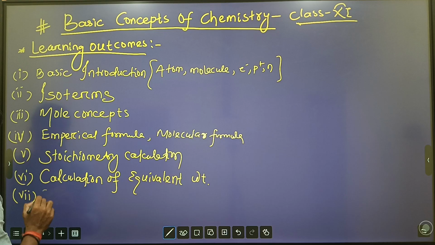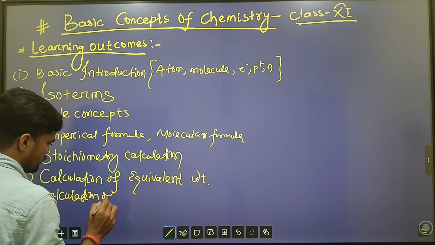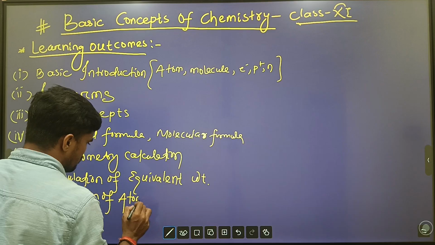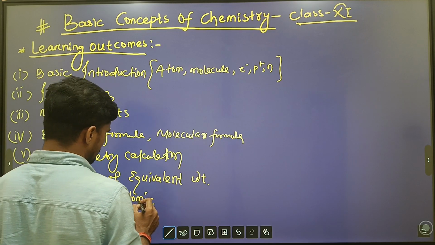And after that, calculation of atomic weight and molecular weight. Okay, how to determine? There are various kinds of methods.